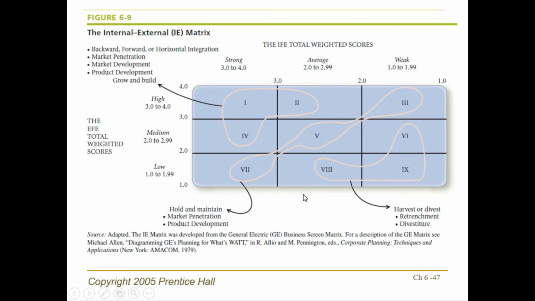Then you can locate your firm easily, because you have already calculated your IFE score and EFE score. By locating your firm, it might lie in box 1, 2 or 4.